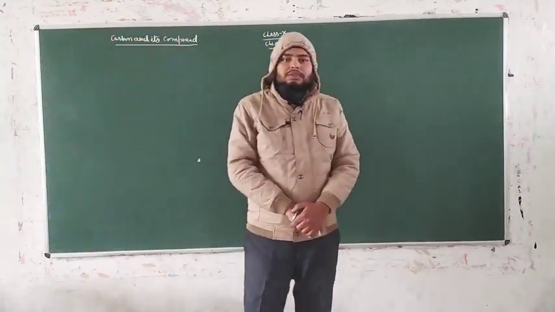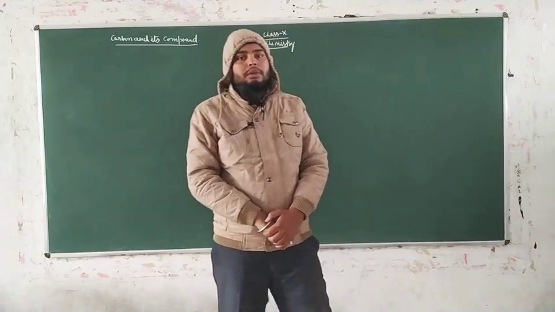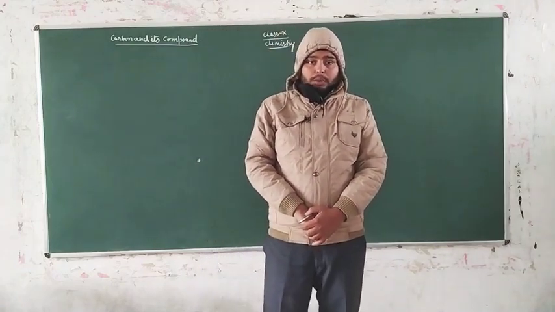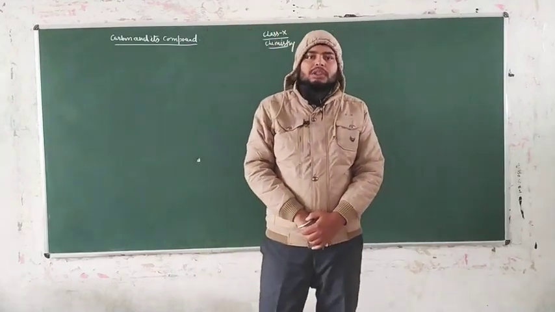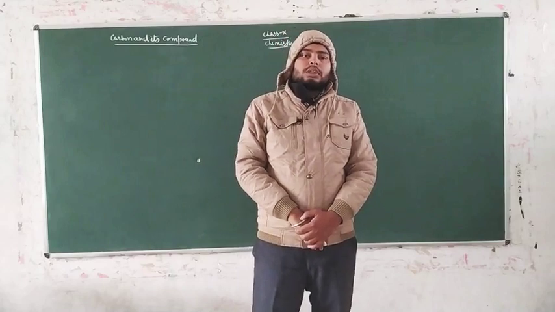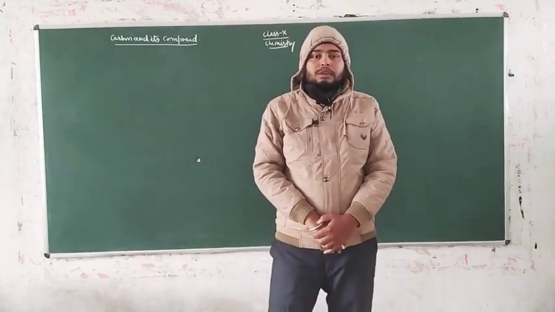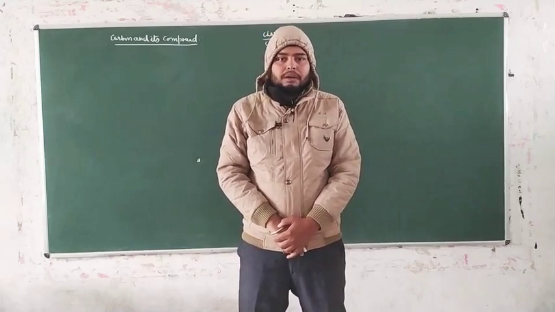So guys, in the previous session of the video we studied the naming of organic compounds by the rules of IUPAC nomenclature. We discussed the naming of the parent chain, that means you have to select the parent chain with the largest number of carbon atoms.